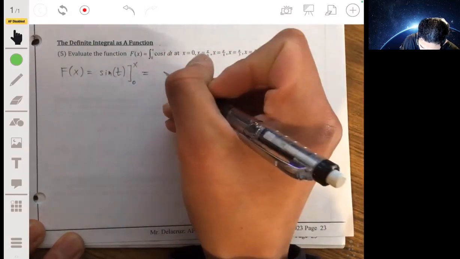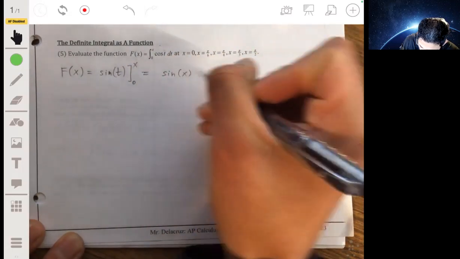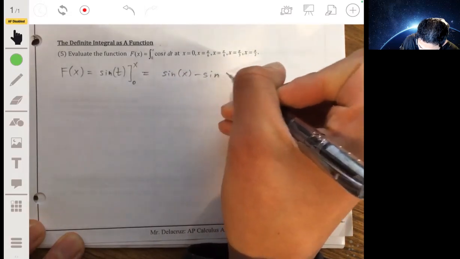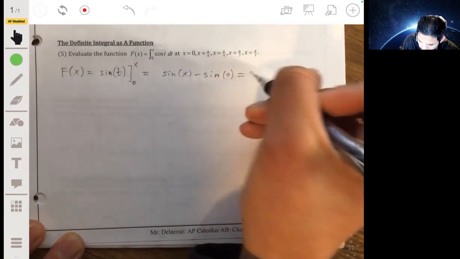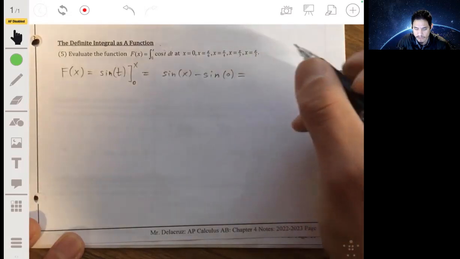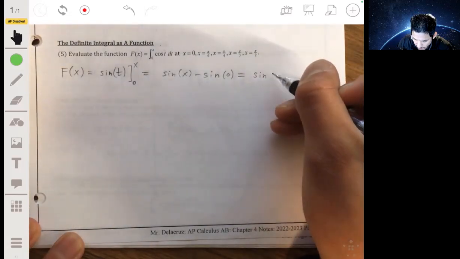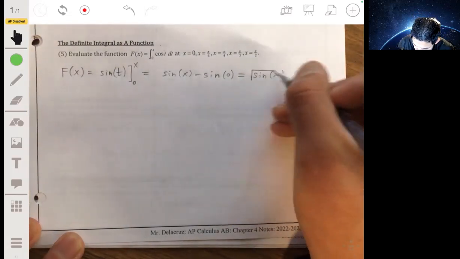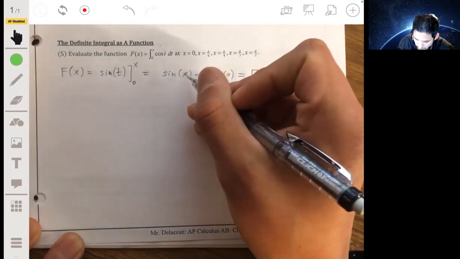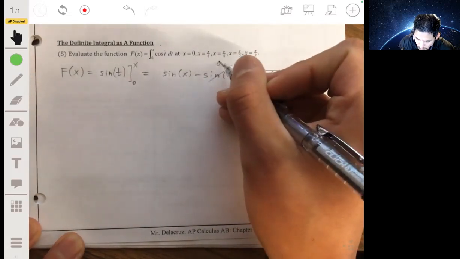This will just be the sine of x minus the sine of 0. Sine of 0 is still a number, and sine of 0 is just 0. So this just simplifies to the sine of x, because it's just going to be sine of x minus 0. This will fall away.